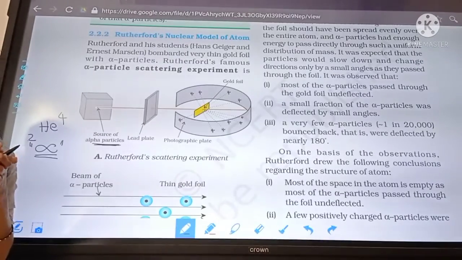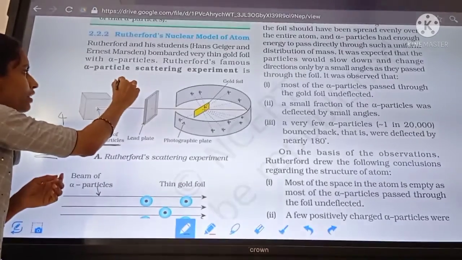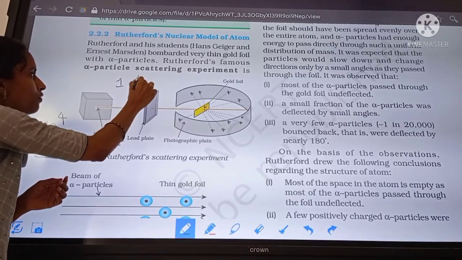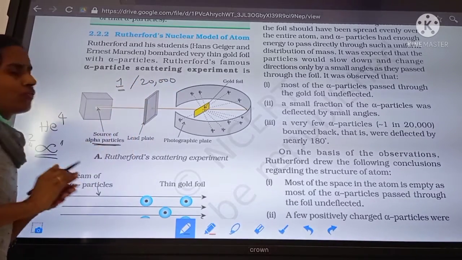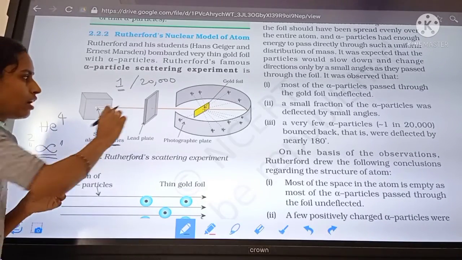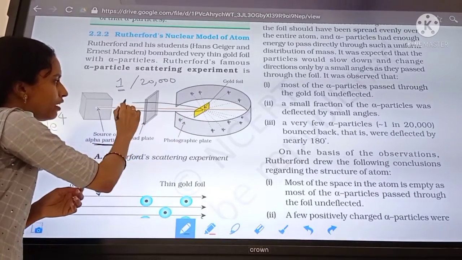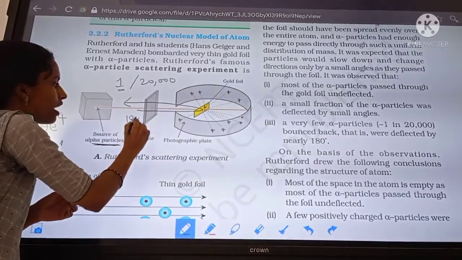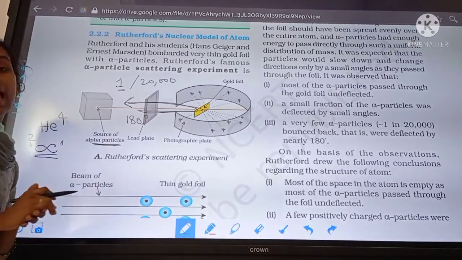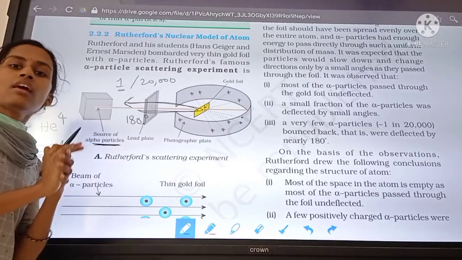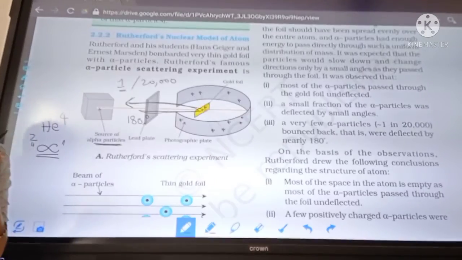Very few alpha particles, about 1 out of 20,000 alpha particles, are deflected by a 180 degree angle. So very few particles are deflected by 180 degrees, which means there is a positive charge there.